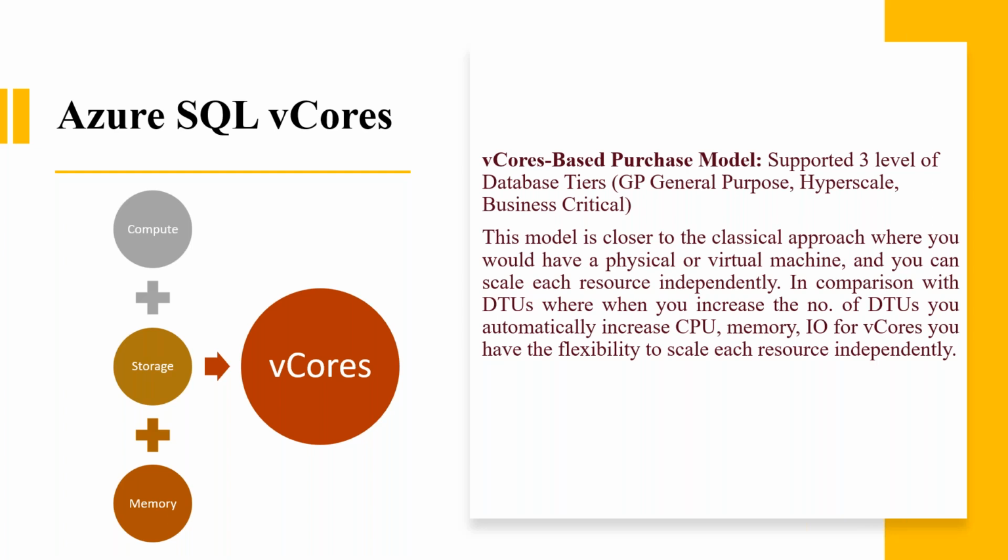Whatever you have been working with from on-prem is absolutely the same in the vCore purchasing model, whether you go for PaaS or IaaS. There is no difference you will notice.